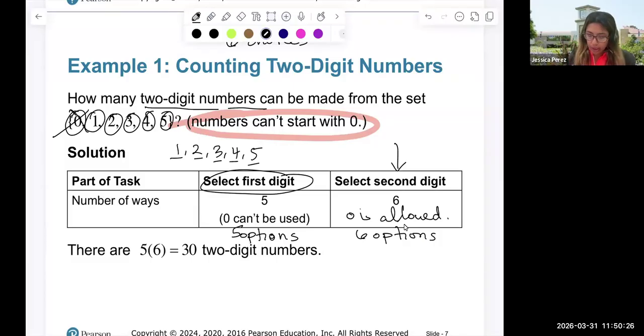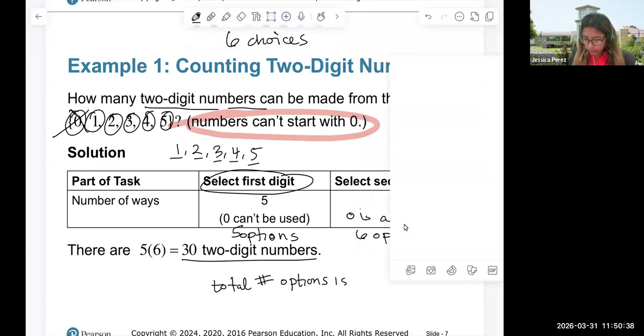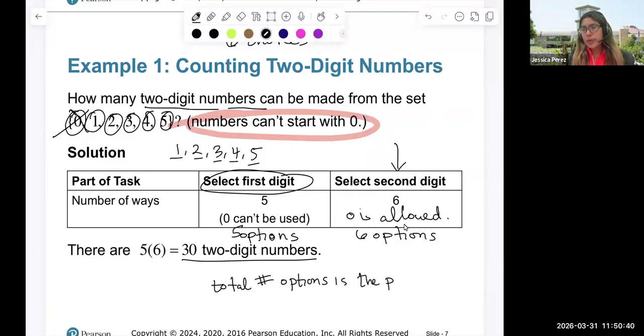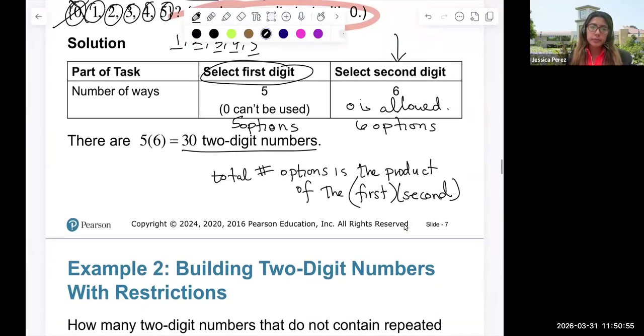That's 6 options. So 5 options times 6 options gives you your total options. The total number of options is the product of the first digit times the second digit. So 5 options for the first and 6 options for the second means a total of 30.